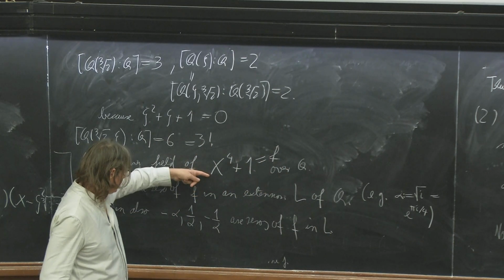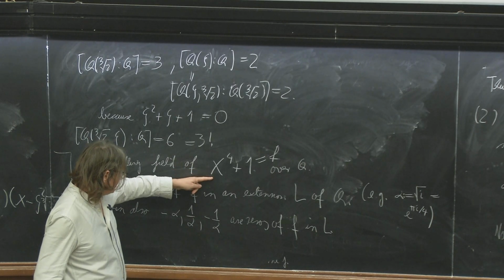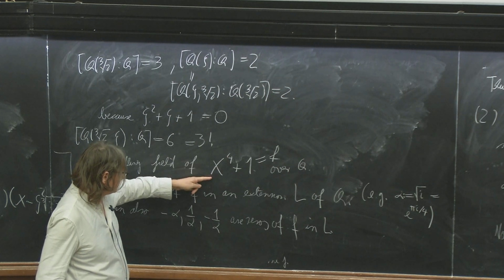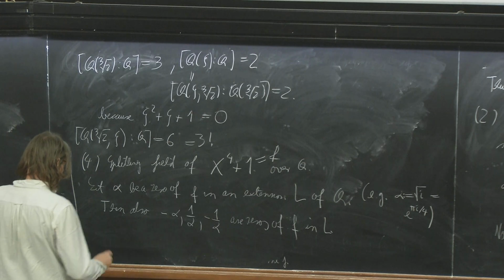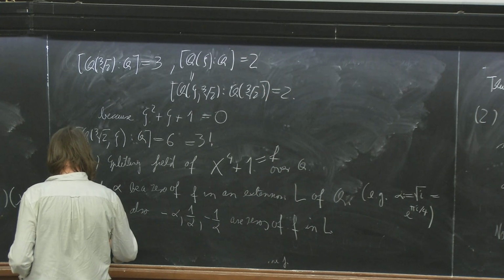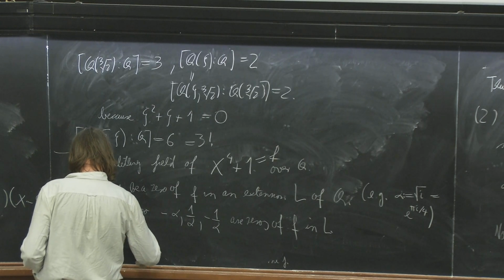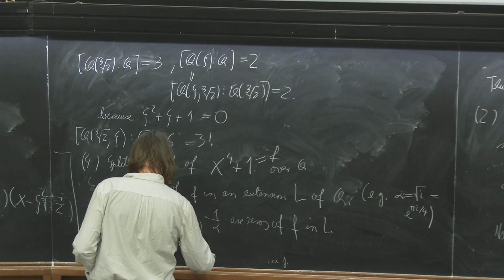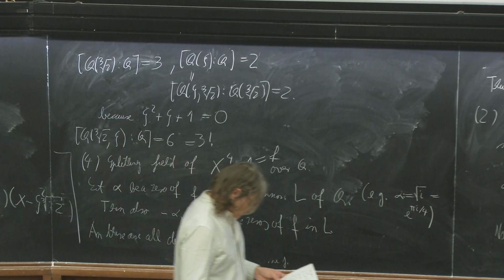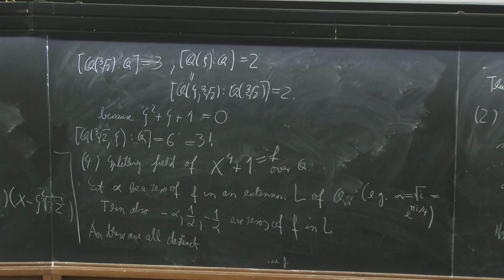If you replace x by minus alpha here, if alpha is a zero, then minus alpha is also a zero. 1 over alpha will also be a zero, and minus 1 over alpha. So, and it's easy to see, and these are all distinct.